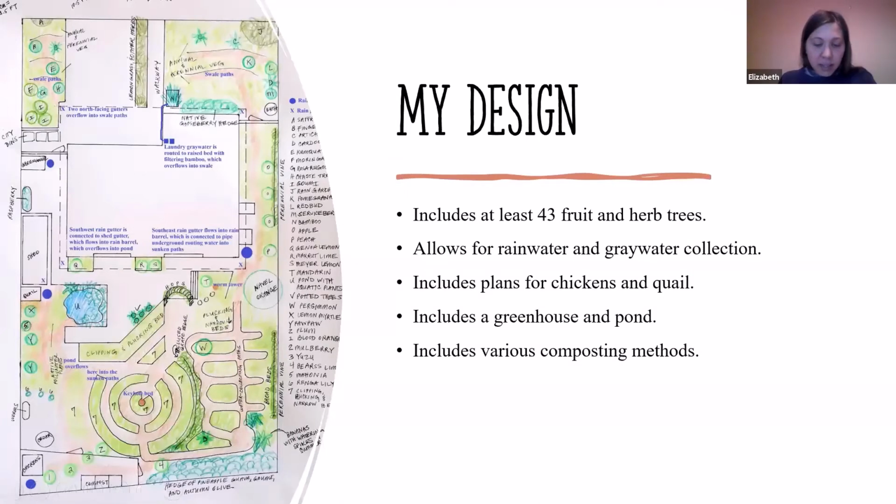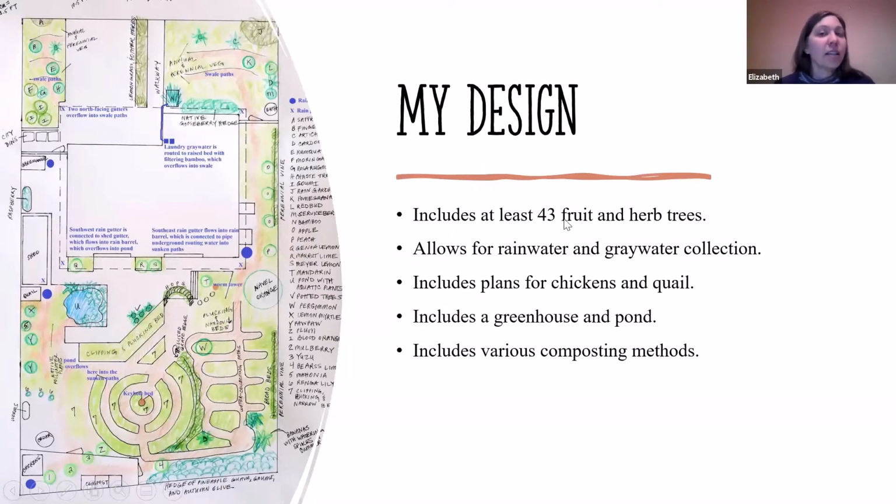So my design, this is what it looked like as of when I finished my first PDC, which was about March. I would change some things now, like this little labyrinth system of raised beds here. I'm not going to do that. It's very impractical. So some of this is different. I've added a lot more fruit trees since I made this design, but the basic elements are there, and it accommodates a lot.